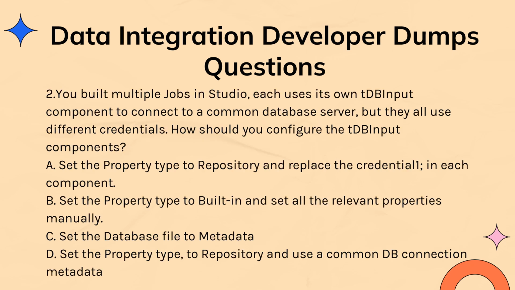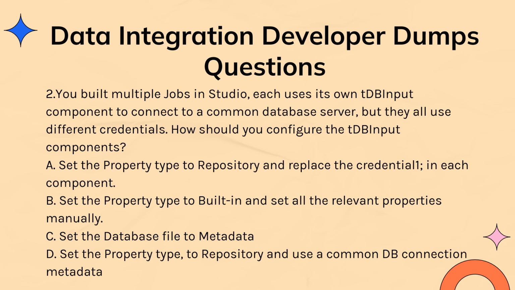2. You built multiple jobs in Studio. Each uses its own tDBInput component to connect to a common database server, but they all use different credentials. How should you configure the tDBInput components? A. Set the property type to repository and replace the credential one in each component.